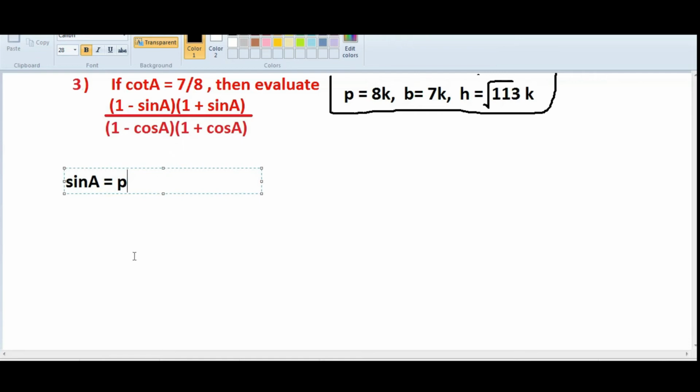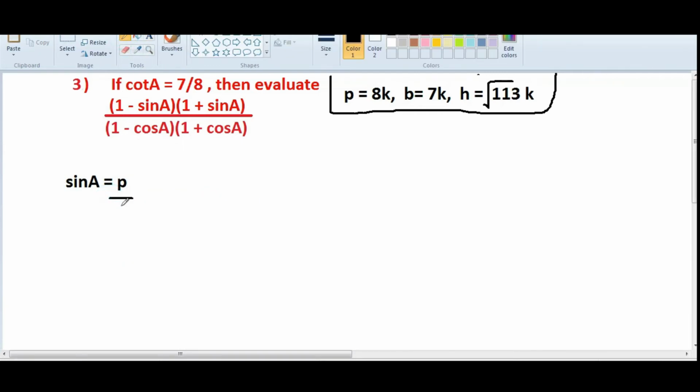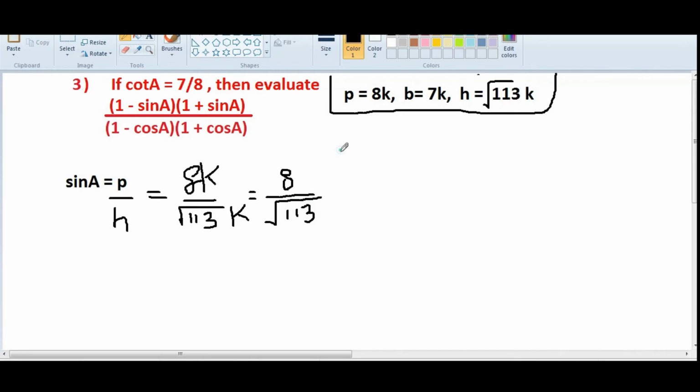So sin a, we know the formula, it's perpendicular by hypotenuse. What's the value of perpendicular? It's 8k, and hypotenuse is root over 113, and k is outside the root. So k and k got cancelled, so we will only get the value 8 by root over 113. Similarly, cos a, what is the formula for cos a?